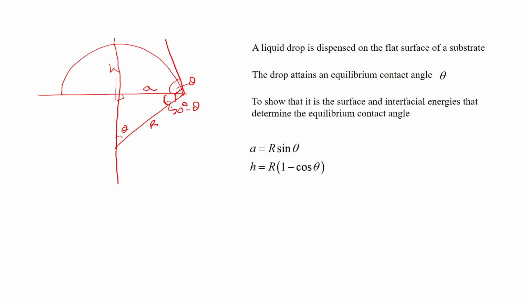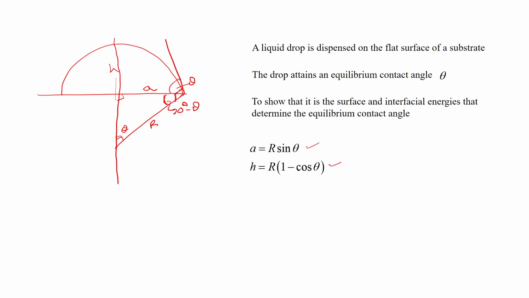Since this is 90 degrees, this angle will be theta here. Therefore, A is equal to r sin theta, and h is equal to r minus r cos theta. So, h is equal to r into 1 minus cos theta.